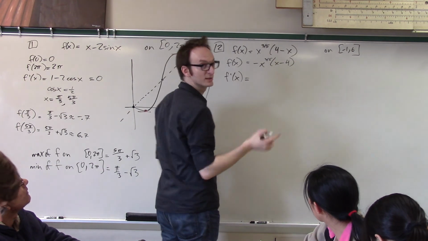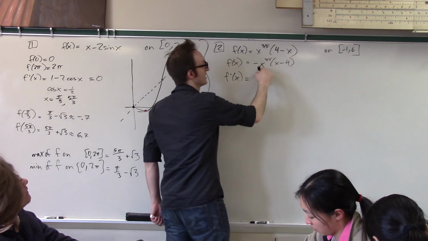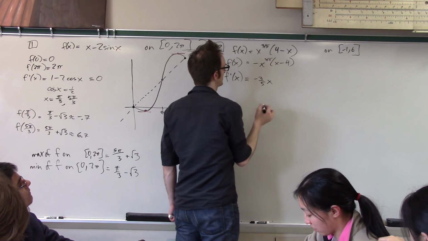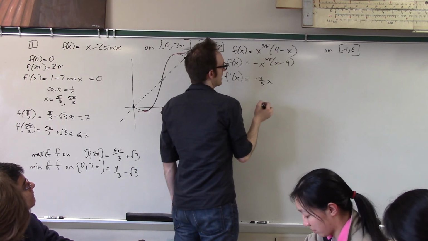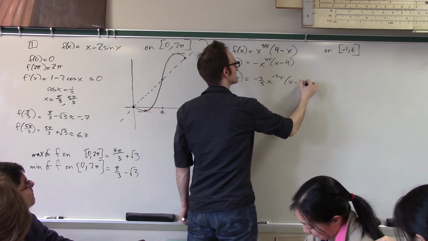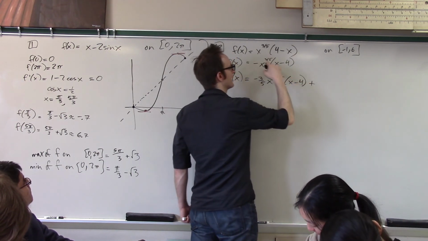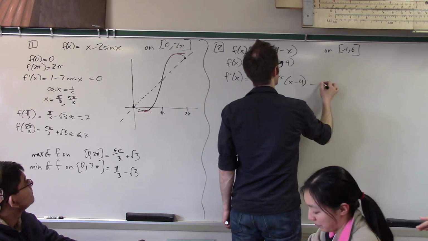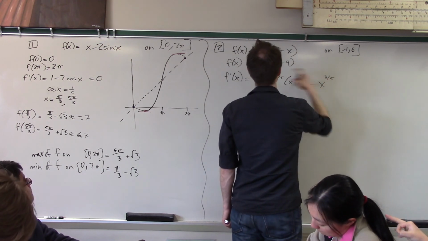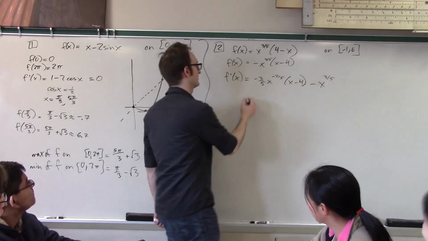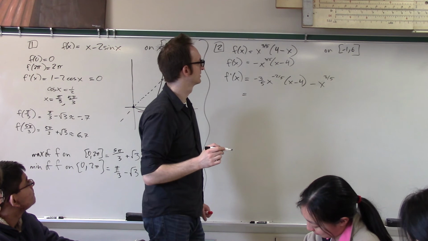This is a good example to use that stuff we learned over there. The derivative is the derivative of the first, so it's negative 3/5 x to the negative 2/5 times the second, plus the first, which is negative x to the 3/5 times the derivative of the second, which is 1. So I get this. What's the fast way to factor this out?